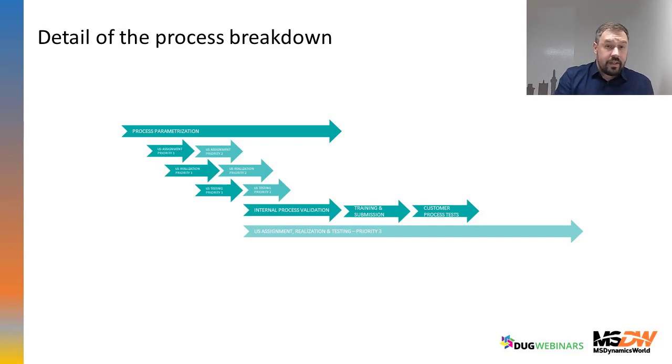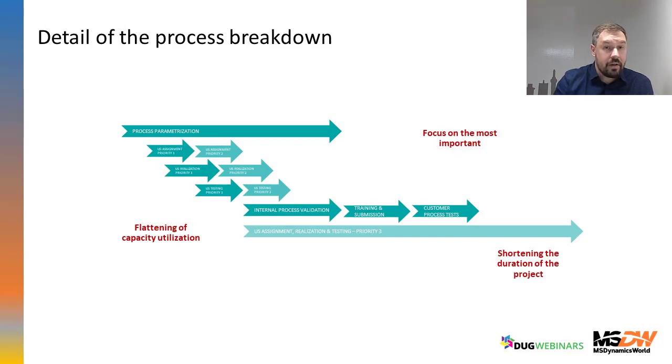The second thing is that you can flatten capacity utilization. So just now I am giving all developers user stories priority one and nothing more. Later they will get either priority two or priority one of second process.